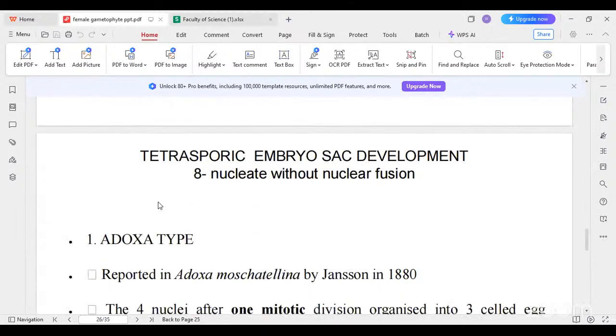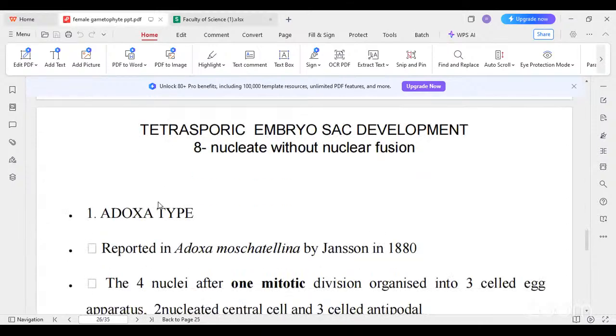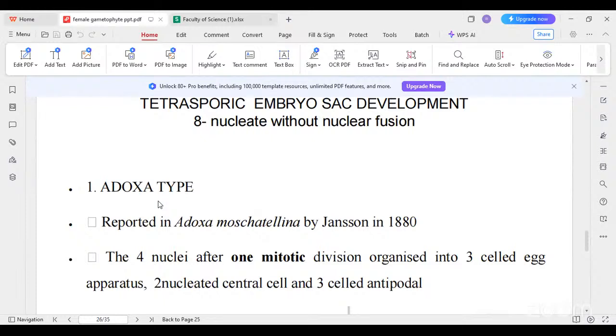Next one, 8-nucleated without nuclear fusion. The first one, Adoxa type, an 8-nucleated structure type of embryo sac, reported in Adoxa moschatellina by Jonsson in 1880.